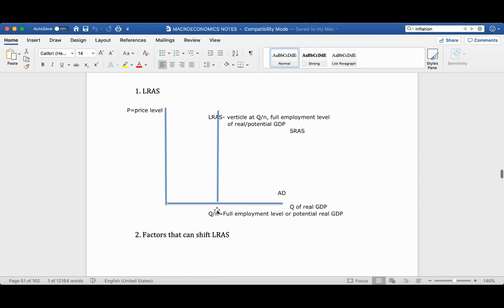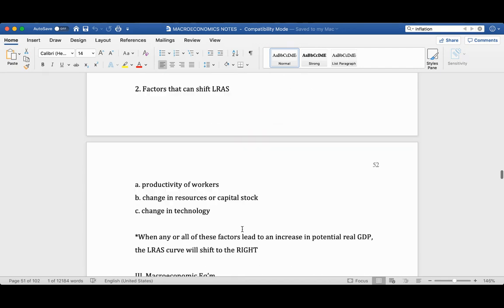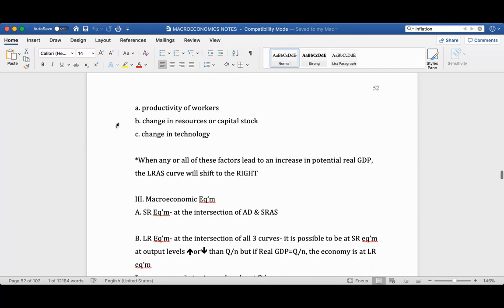Well, we're going to say it's real factors: productivity of workers, changes in resources or capital stock, or a change in technology. So it can be any one or any combination of these things will lead to an increase in potential real GDP, and the long run aggregate supply curve will shift to the right.